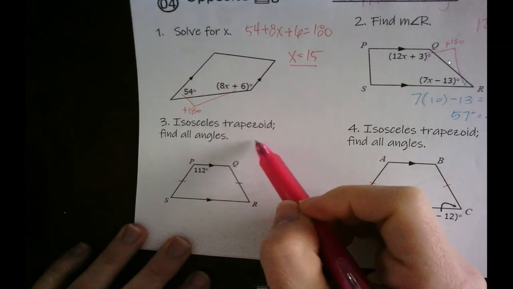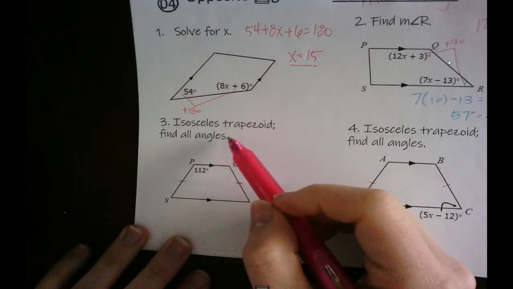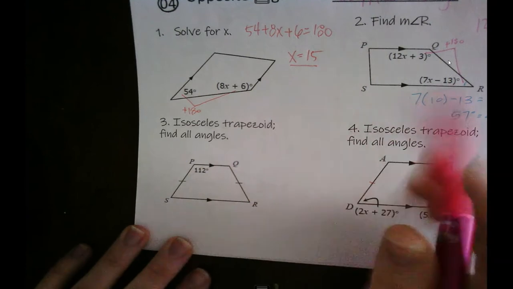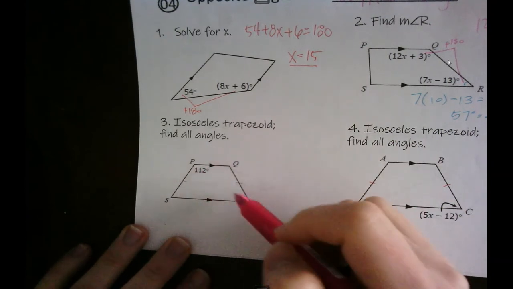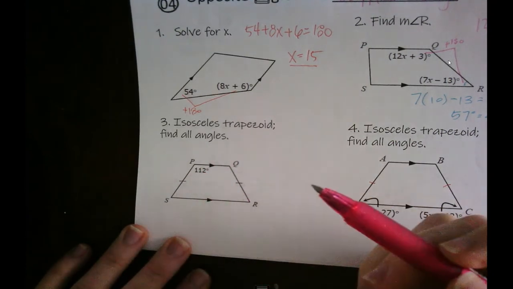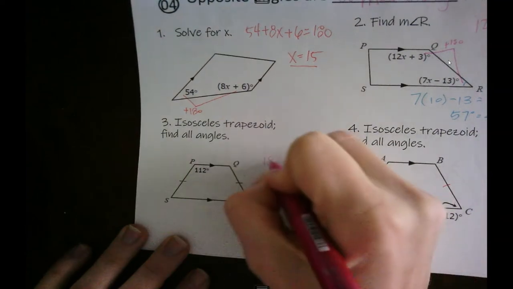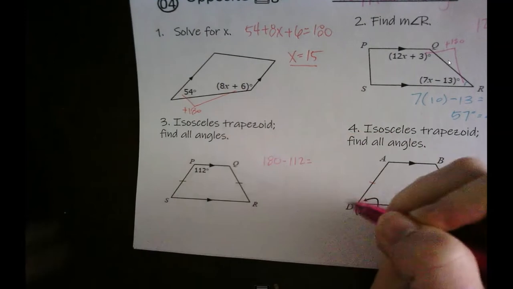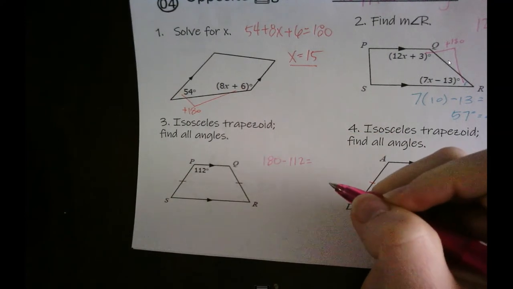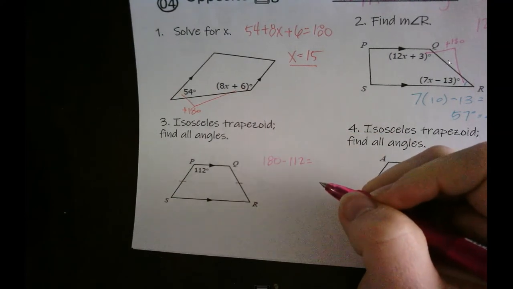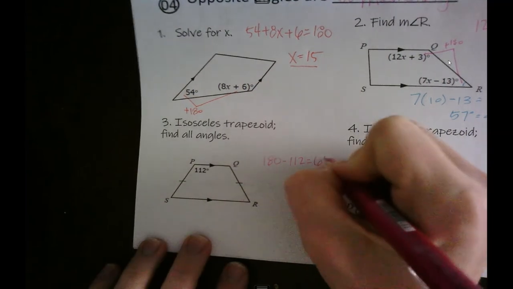So we've got an isosceles trapezoid here, and we need to find all of the angles. We know the opposite angles add to 180. So 180 minus 112 is going to give me 68 degrees.